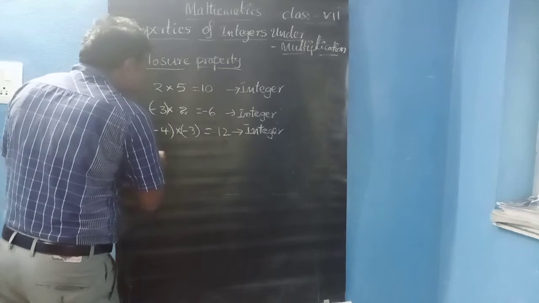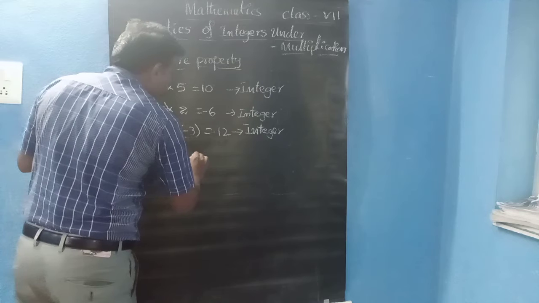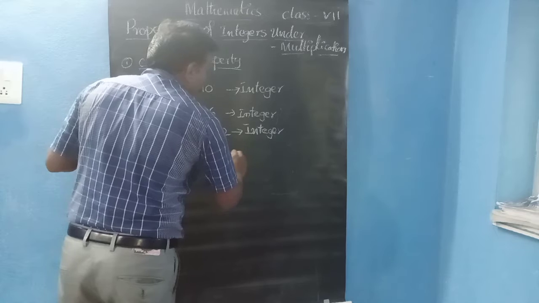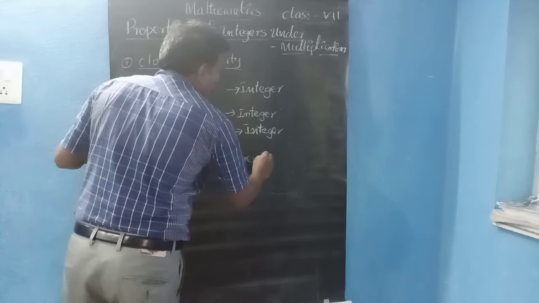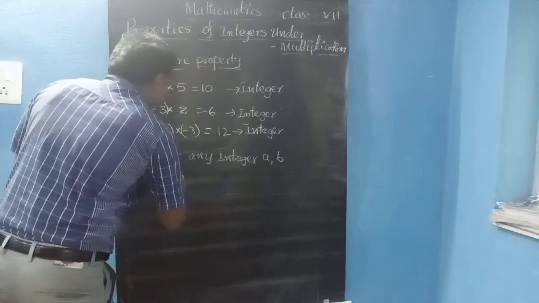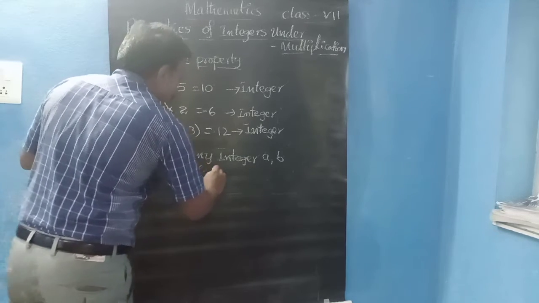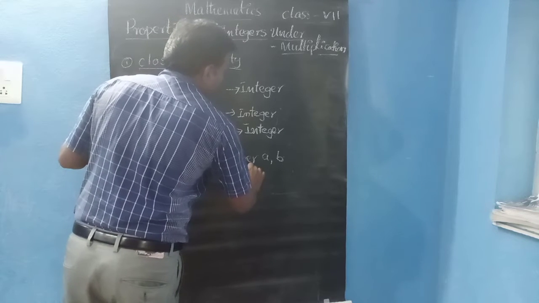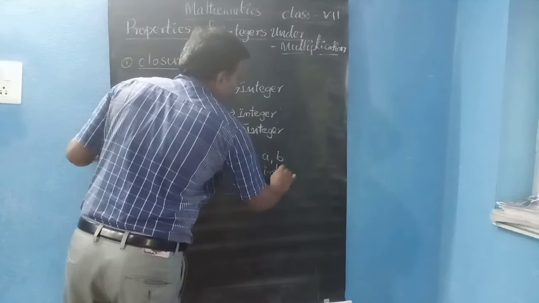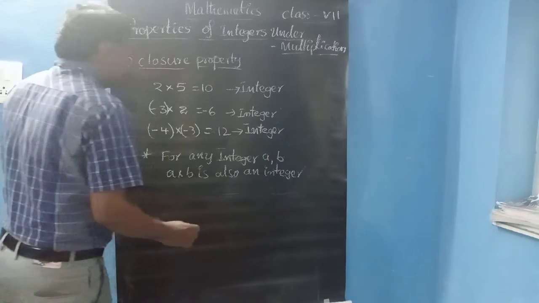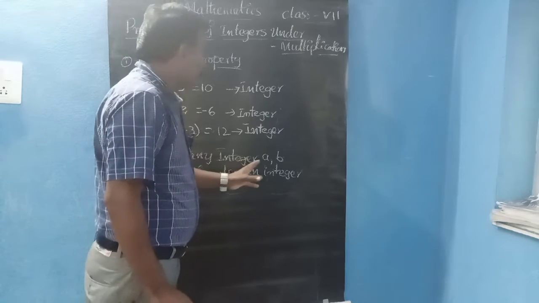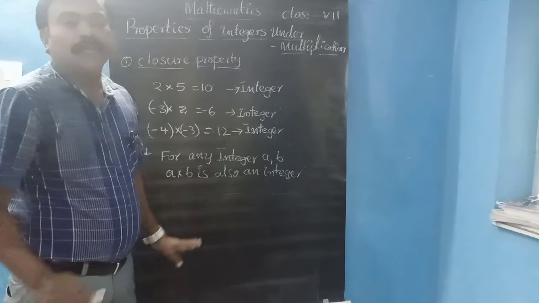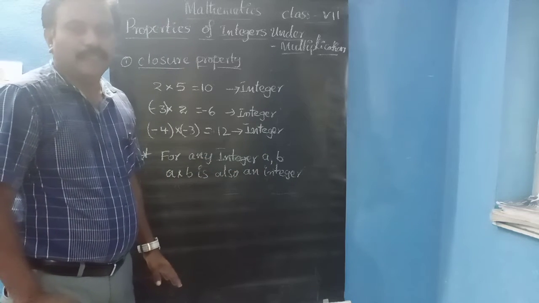So this is the property: for any integers a and b, a into b is also an integer. This is the closure property. What is the property? Closure property.